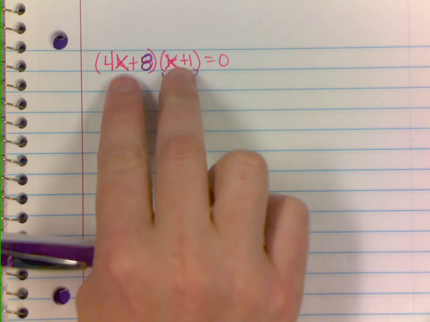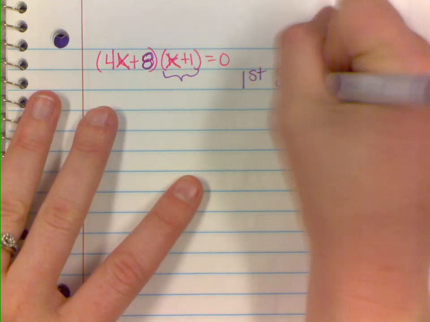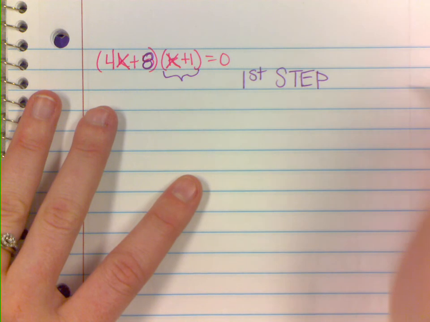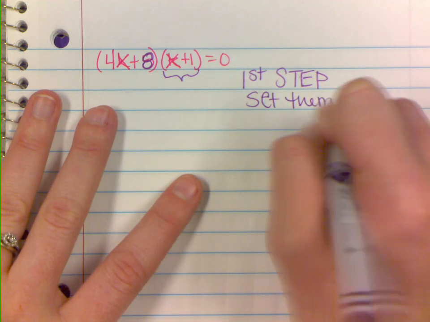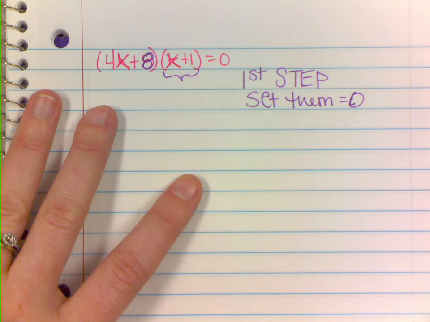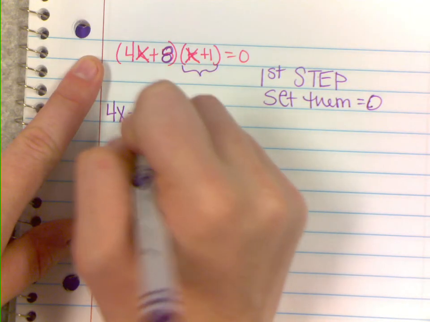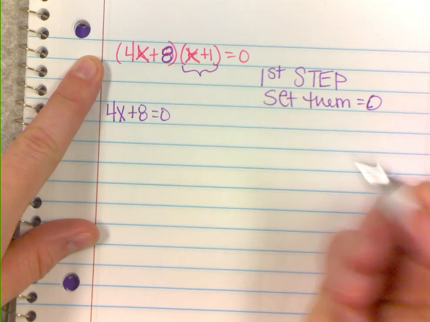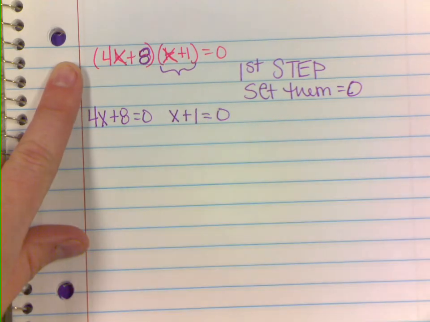So what do I do with both parentheses? First step: set them equal to 0. So set the first parentheses, 4x plus 8 equals 0, and x plus 1 equals 0.